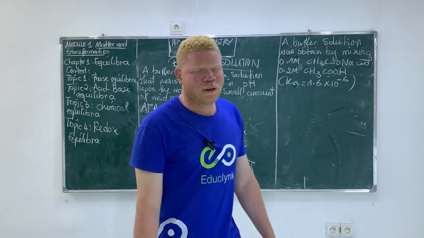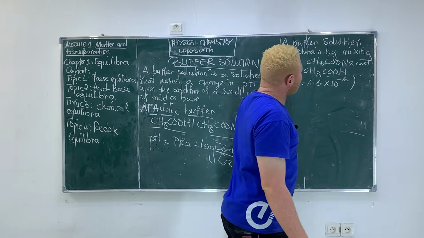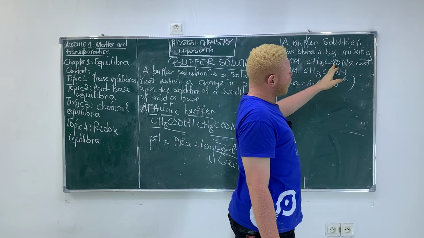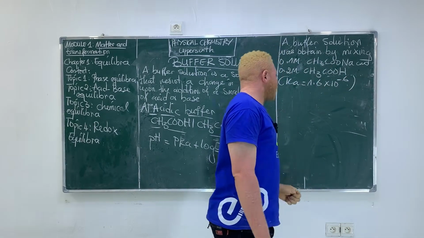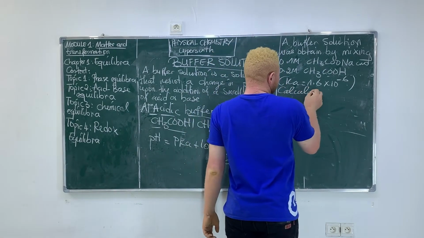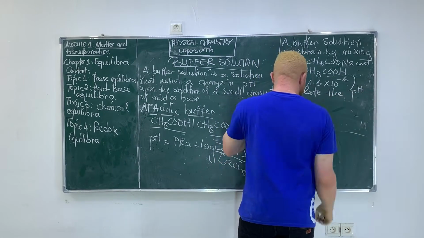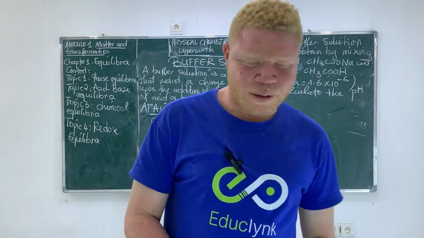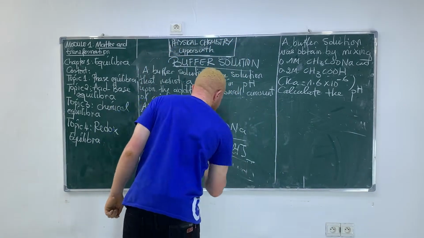Let's read the question together. A buffer solution was obtained by mixing 0.1 molar sodium ethanoate and 0.2 molar ethanoic acid. The question is to calculate the pH. So let's see how we can solve this exercise.